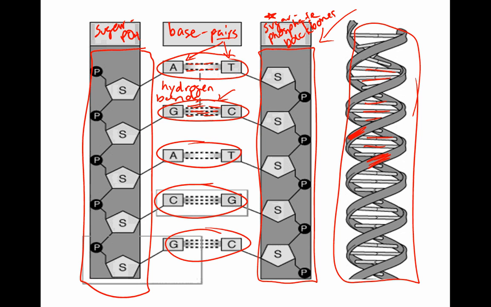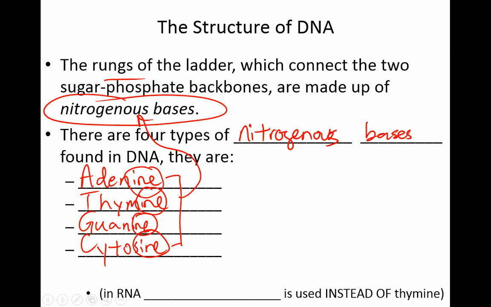So anyway, one of the things that I want you to notice about the base pairs is that whenever there is an A on one side, it is always bonded on the complementary side to a T. Furthermore, when there is a G on one side, that G is always bonded to a C. So that's important. I need you to remember that. That's going to be important later when we talk about DNA replication.